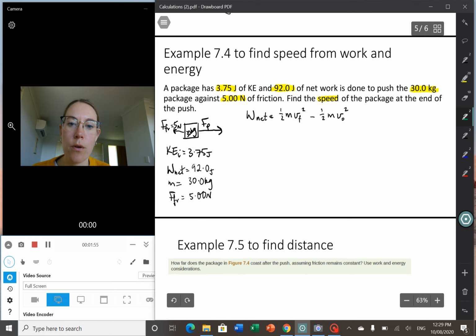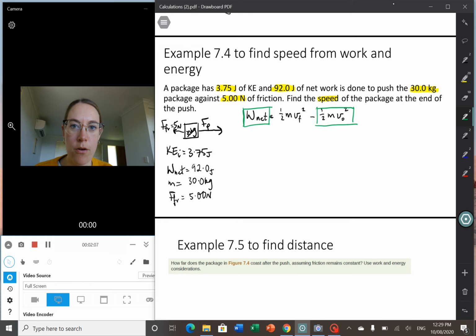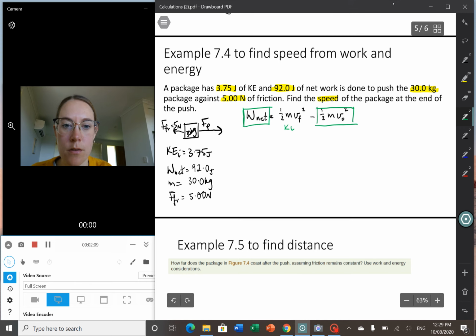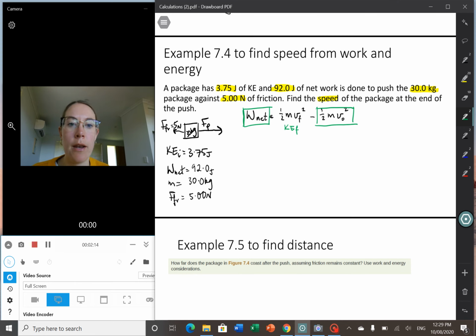And if we have a look at our givens, we are given the value for the net work and we're given the initial kinetic energy. So we can substitute these two values in to find the value of our final kinetic energy, and then we can use that to solve for our final speed.